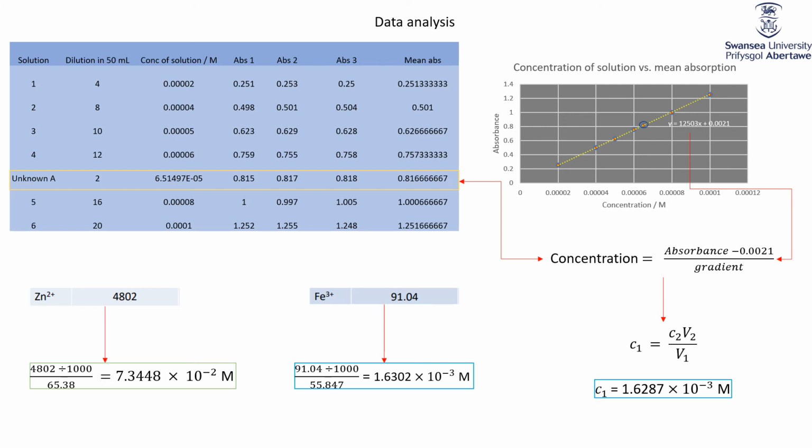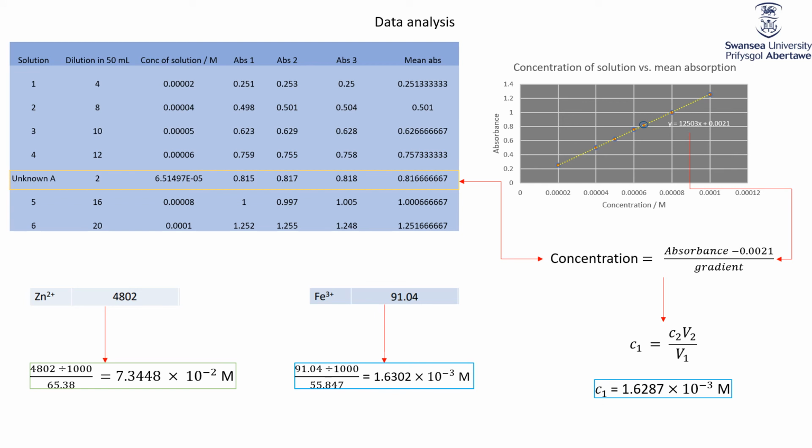So if we change that to molar by dividing the value first by 1,000 to get it to grams per liter, and then dividing that value by the atomic mass of iron, we can get a molar value for our iron 3 plus solution of 1.6302 times 10 to the minus 3 molar, which, as we can see, correlates with our value calculated from the calibration curve, which indicates the data collected are accurate and correlated between each other.